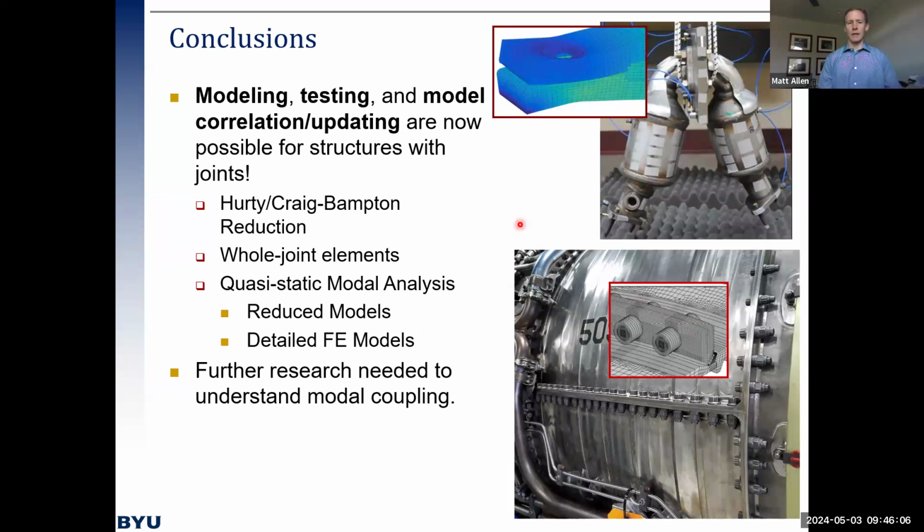We have a variety of methods, and I didn't even hit a lot of methods such as harmonic balance and other methods where we've had good results as well. There's still work to be done. Mode coupling prediction is still in its infancy, but I think there's a lot of exciting things happening.